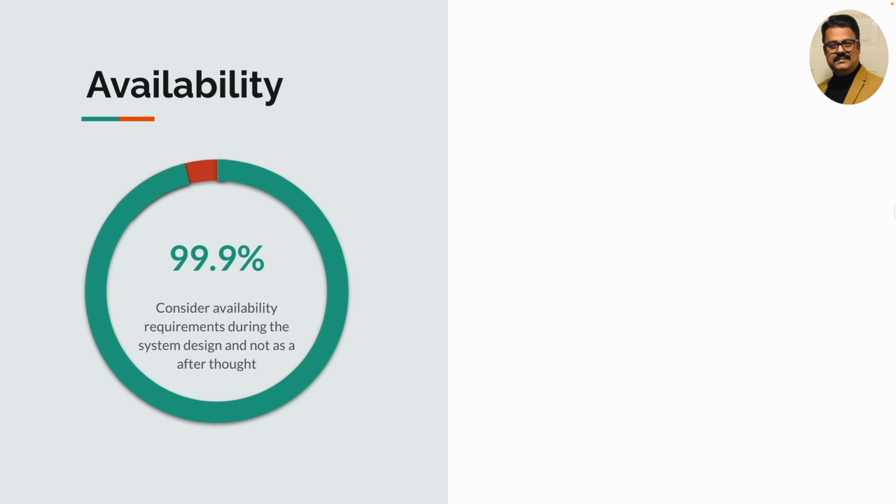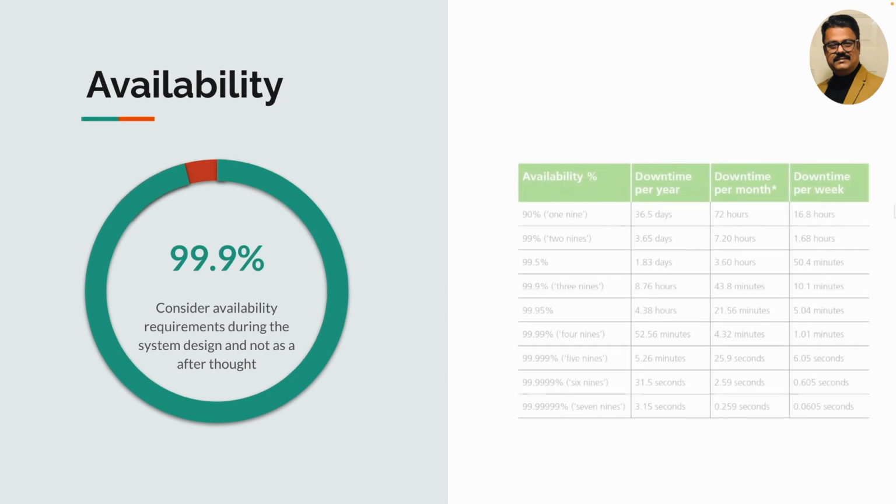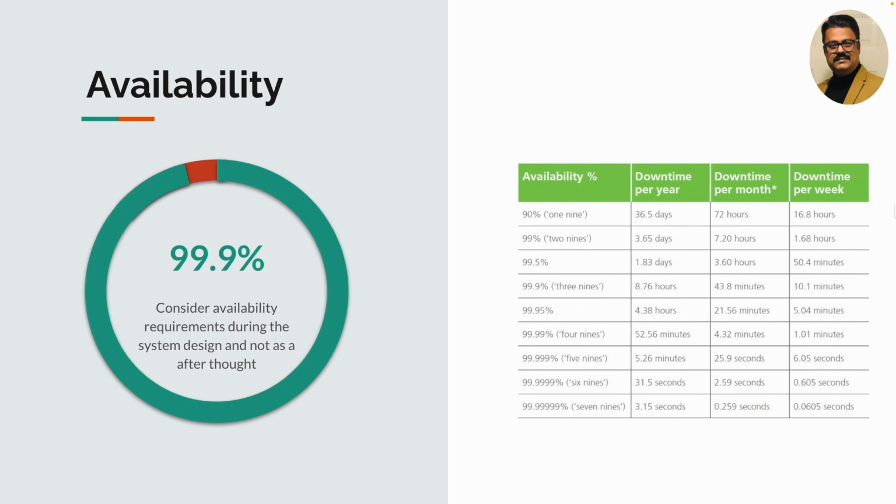But before we deep dive into application components and talk about the deployment architecture, I want to quickly go through and show you how we define availability. We generally use nines to calculate system availability.